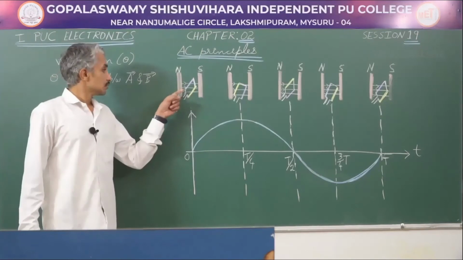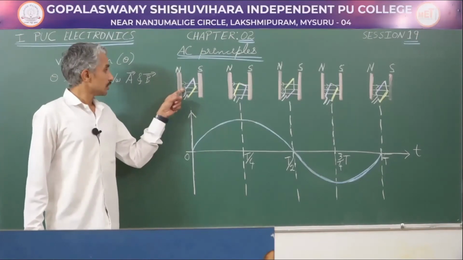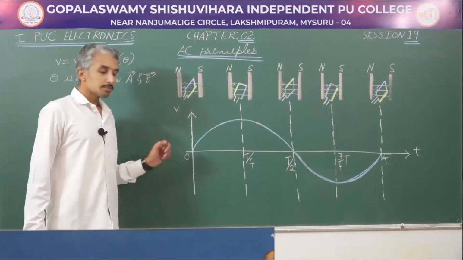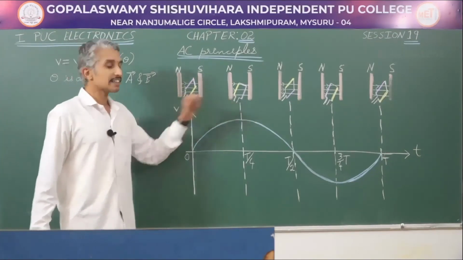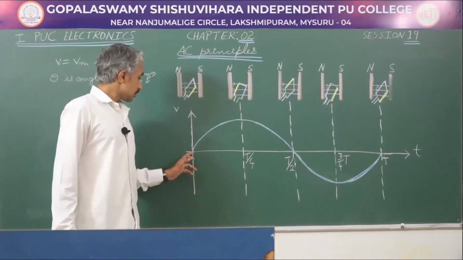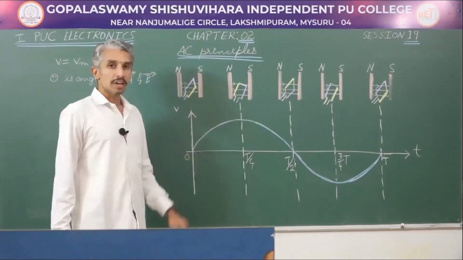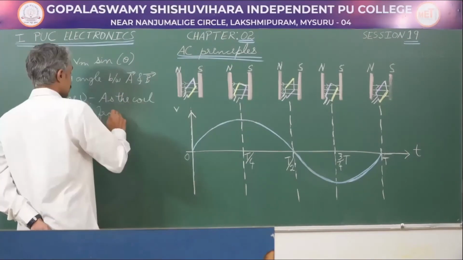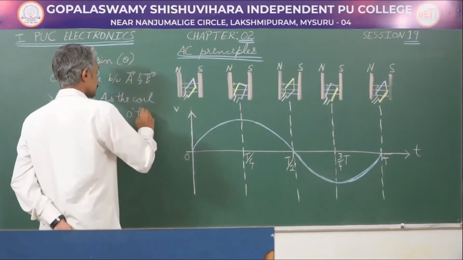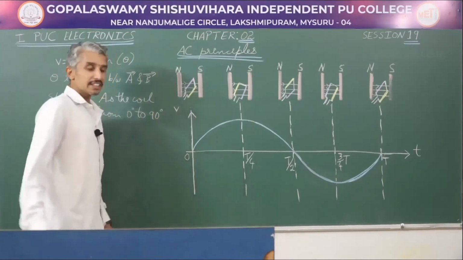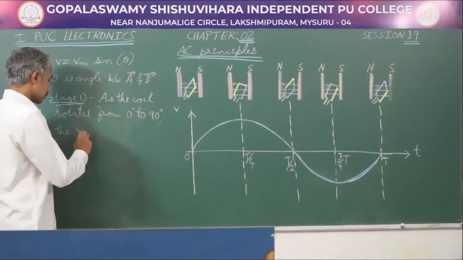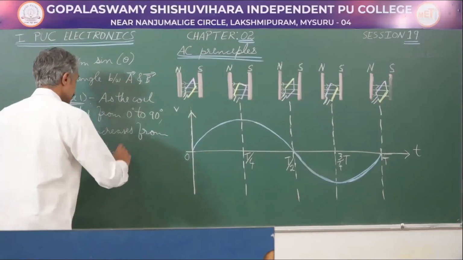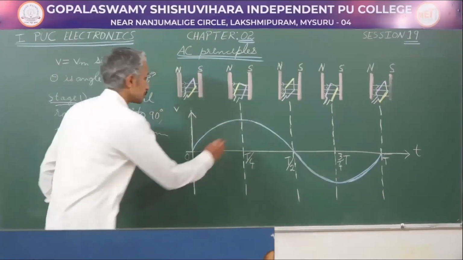Initially, when the plane of the coil is perpendicular to the magnetic field, there is no EMF in it. As it rotates by 90 degrees, the EMF increases from 0 to maximum. So, stage 1, as the coil rotates from 0 degrees to 90 degrees, the alternating voltage increases from 0 to Vm, which is the maximum value.